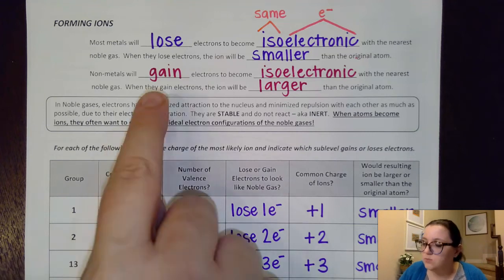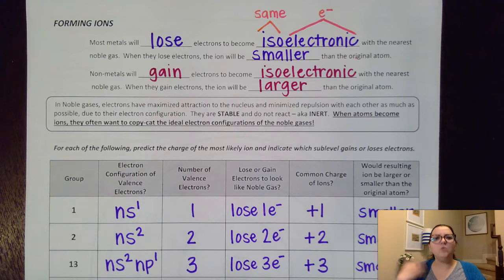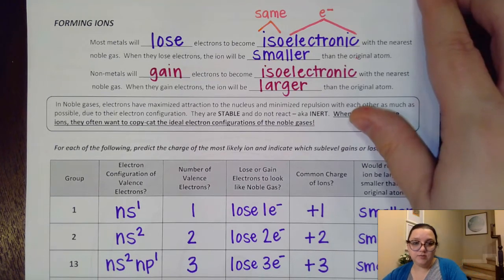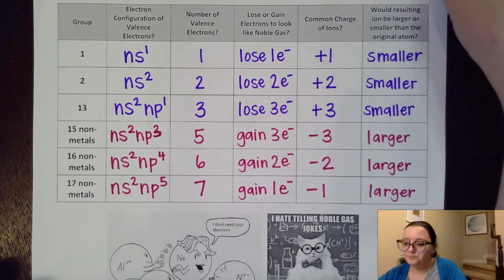Now in this case, when they gain electrons, they become larger. Why? Because you're adding repulsions into that electron cloud when you add additional electrons, and that kind of pushes out on everything for it to become larger. So we end up seeing some patterns with regards to this idea of losing and gaining electrons. And so I filled out a chart down here for y'all.